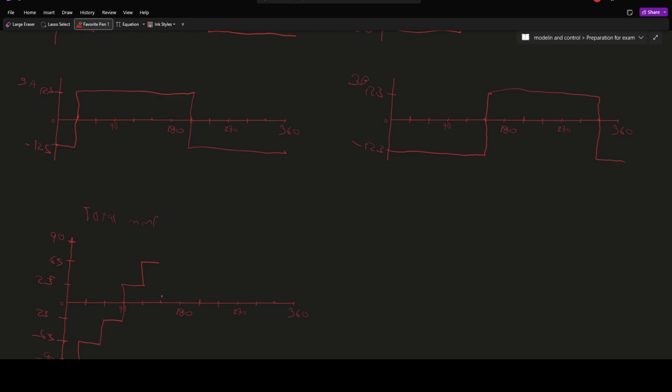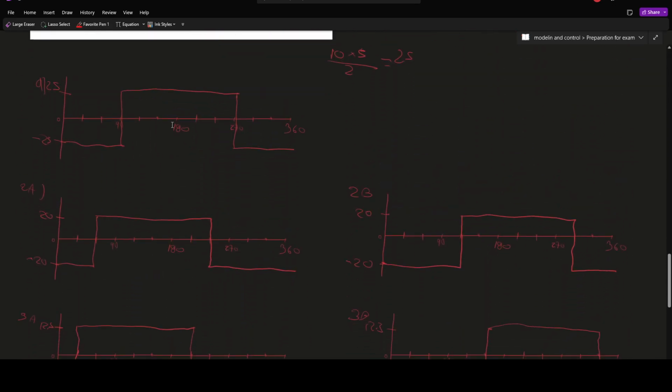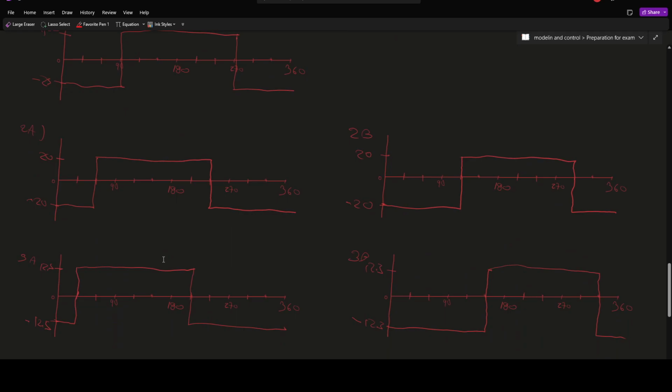Now for 150 to 180, wait a minute. Okay, from 150 to 180, so we have 25, 20, 12.5, 20, and 12.5.